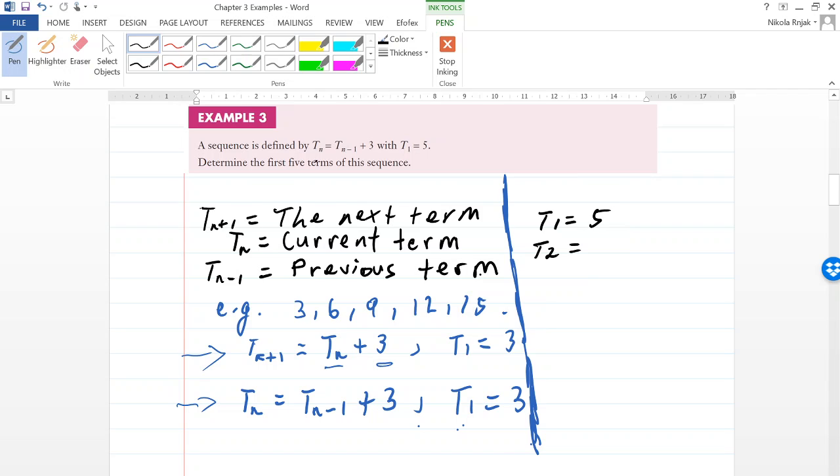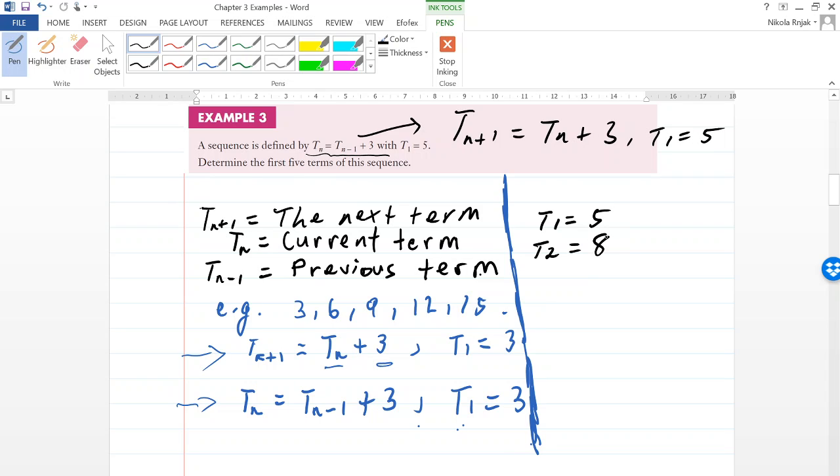In here, it's expressed as the current term is equal to the previous term plus 3, which just means to get the next term, you add 3. So this could have been written as t of n plus 1 is equal to tn plus 3, t1 equals 5. It's the same thing.